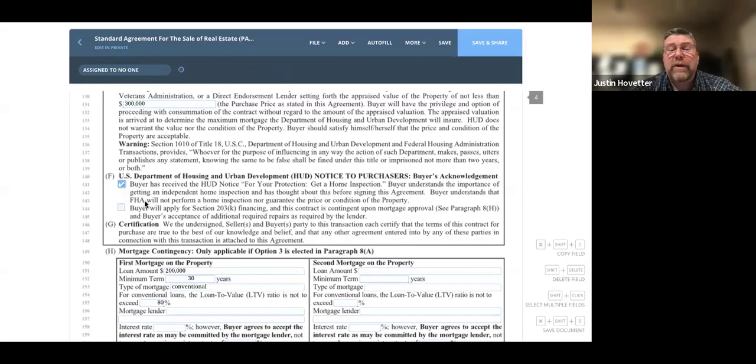frankly, I believe that if you're doing any deal, it's not a bad idea to have them sign, for your protection, get a home inspection. We have our multi-purpose form, which talks about home warranties, home inspections, and fraud and deposit money notice all on one slip. But, you know, for your protection, get a home inspection is a great form.